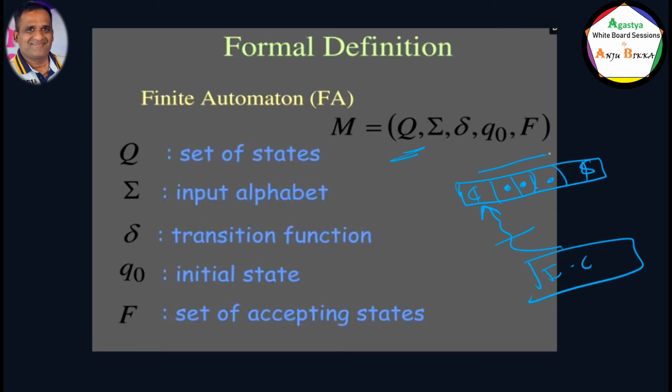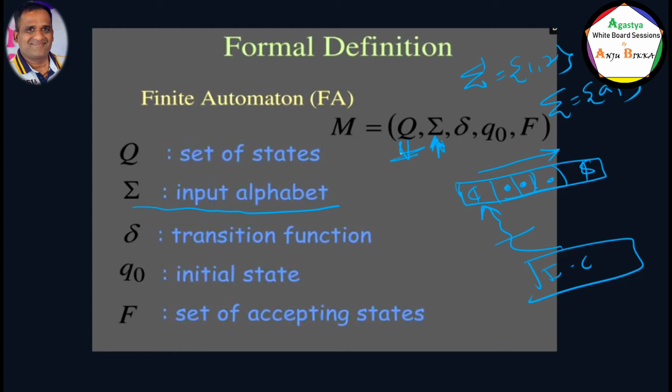The first one is the input string over an alphabet. Sigma is the input alphabet, which means the string appears in terms of only these alphabets. If the alphabet is 1 and 2, we can expect the string consisting of only 1 and 2. If the alphabet is A and B, then the input string consists of only A's or B's.